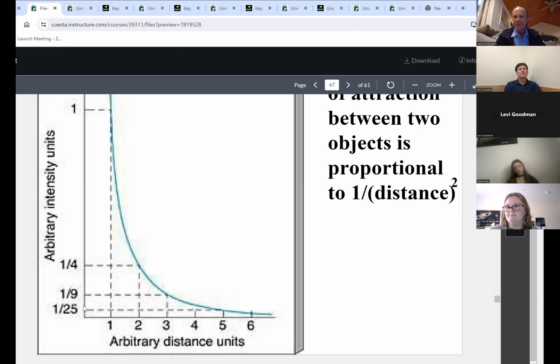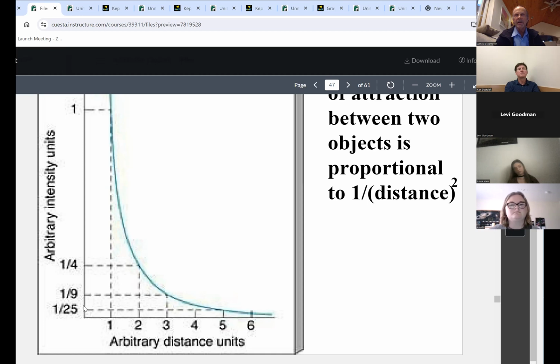That would double your distance away from the center of the Earth. And that's what we mean here, the distance between the centers of the objects. And that would decrease your force from 160 pounds to 40 pounds. And so you'd be only 1/4 the weight at double the distance. And so we see then that this is a very strong dependence on distance with gravity.